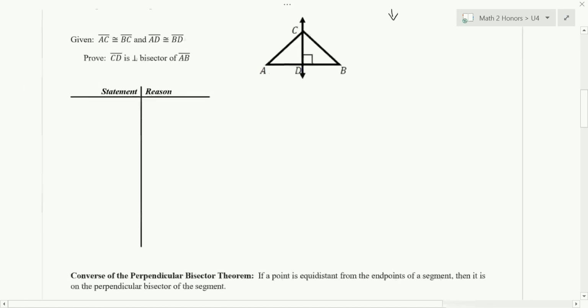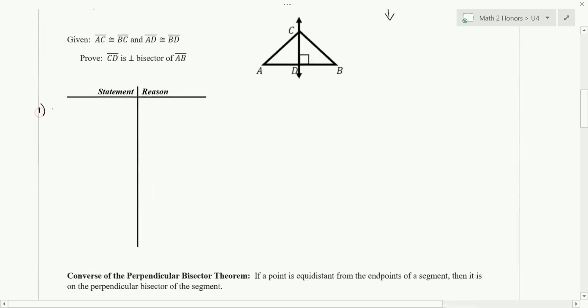We've got our givens, so we're going to state AC congruent to BC and AD congruent to BD. That's given. Let's mark that up here.